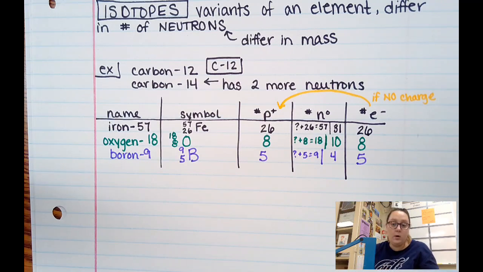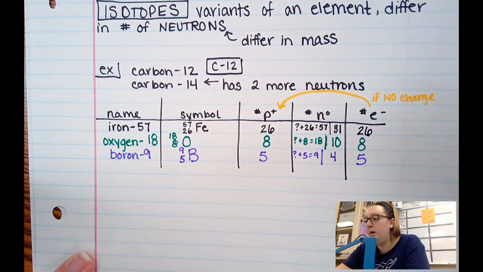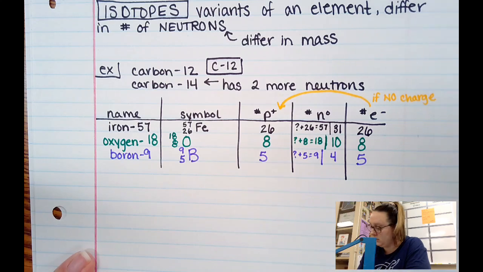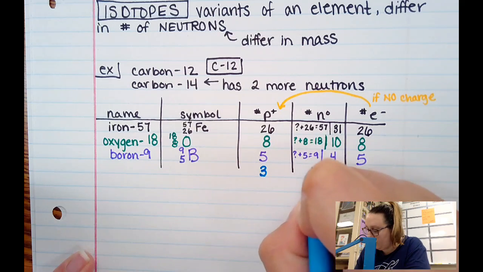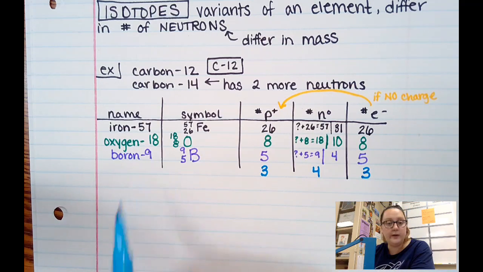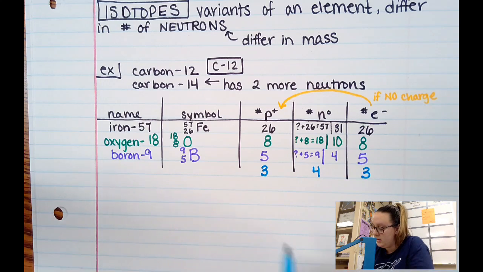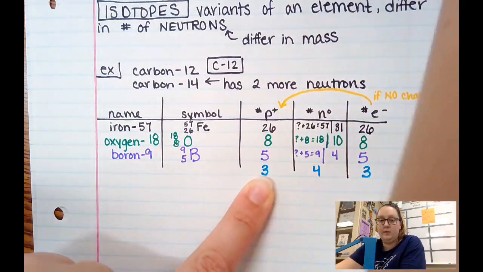All right, let's try one more of those. This time, you have 3 protons, 4 neutrons, 3 electrons. You have to figure this out. All right, to get the element, it's element number 3.